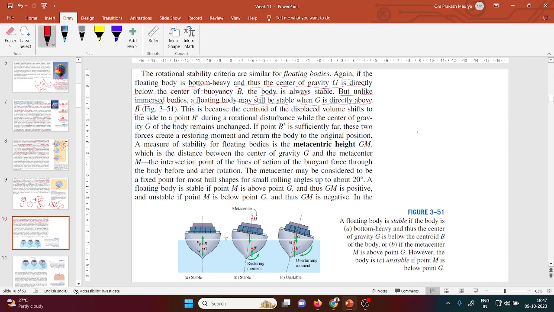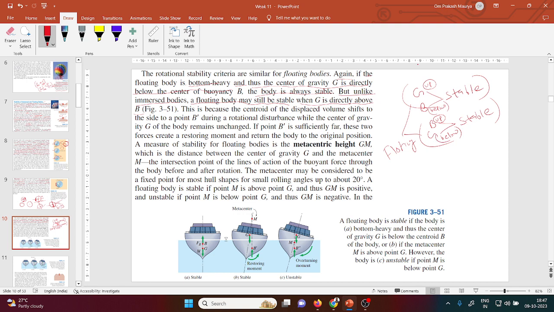This is the condition in the case of a floating body. If G is sometimes above B, this is also a stable condition. And if your G is below B, it will naturally be stable. In the case of a floating body, this represents up and this is below.